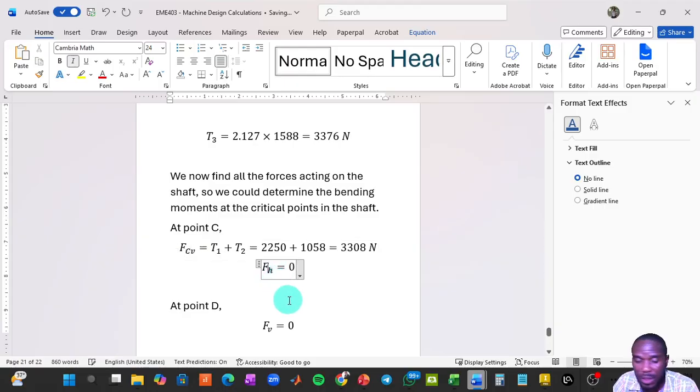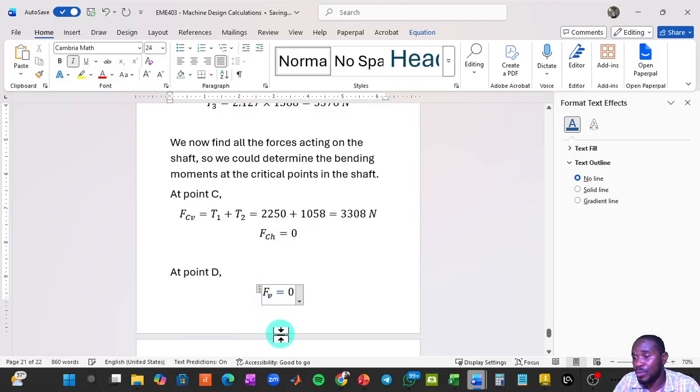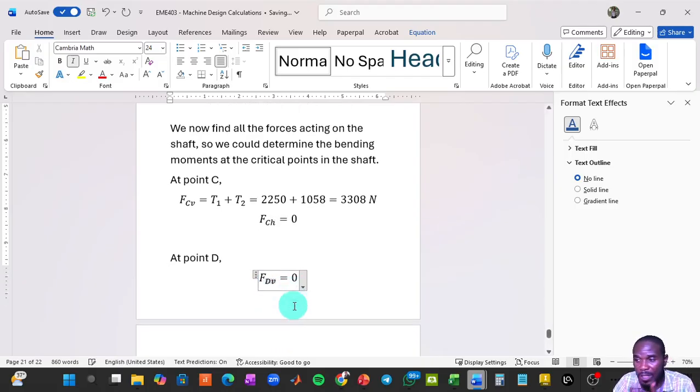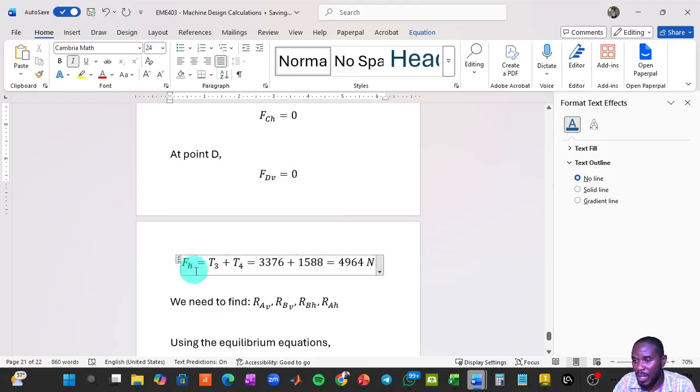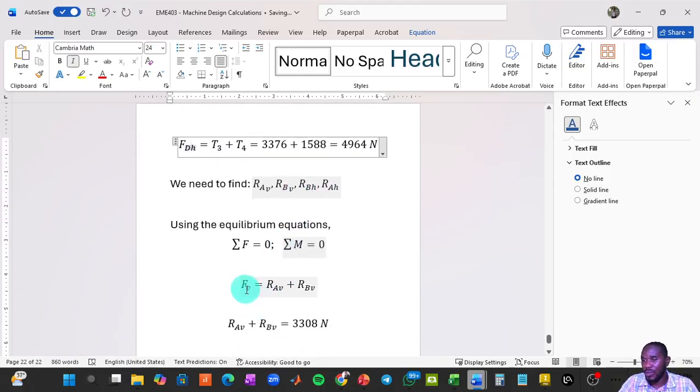And then FCH is 0. Then when we come to point D, that will be FDV, that will be 0, and FDH will be 4964. So we could easily differentiate them. So this is C. This here is FCV that is giving us these values that we are now working with.